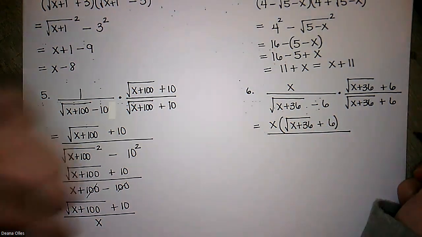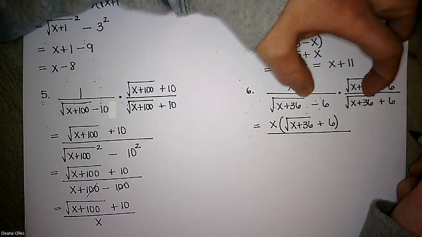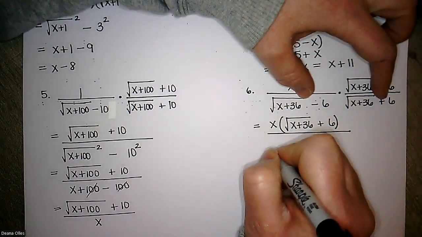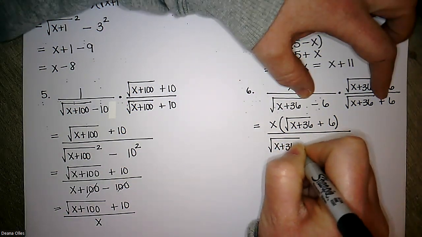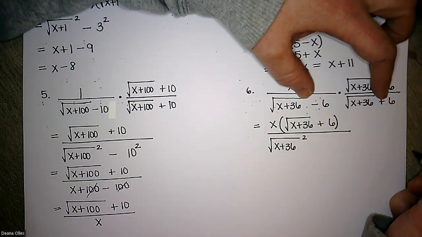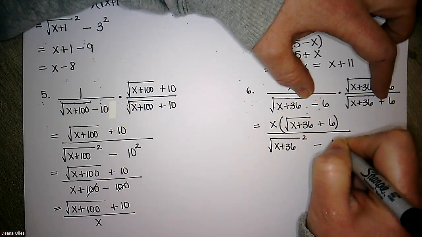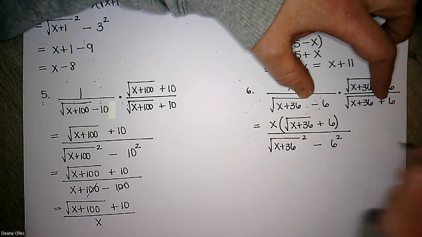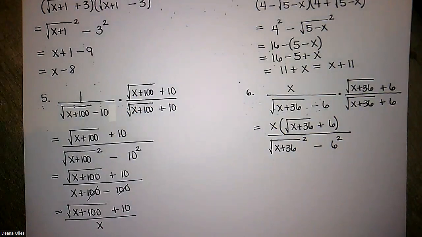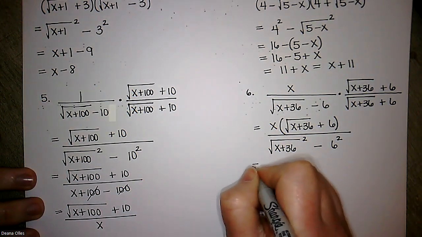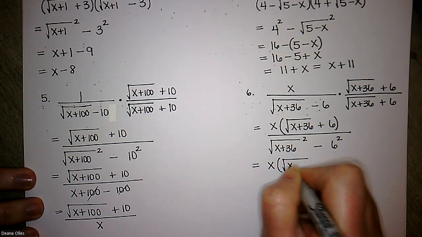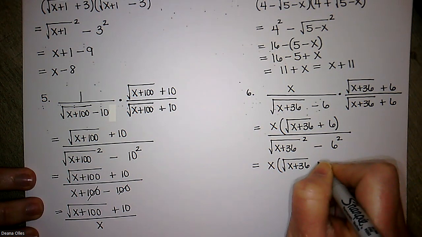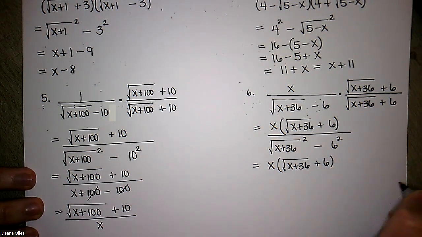Divided by, and then here I have what I started with times its conjugate. So then I have the square root of x plus 36, that's my a, squared, minus b, which is 6, squared. Let's clean it up a little bit. So I'm going to leave the numerator factored for now. We'll see how it plays out. Just copying down my numerator as is.